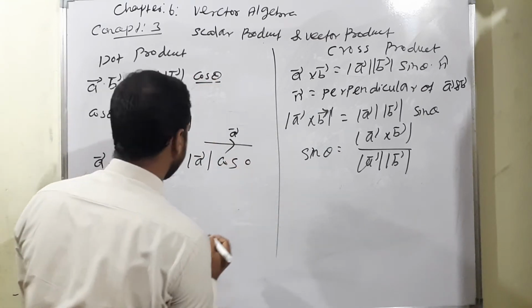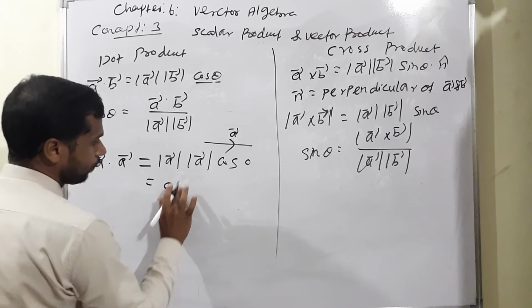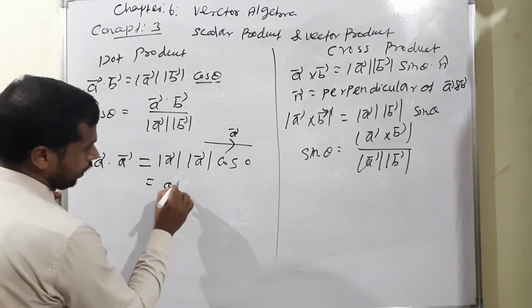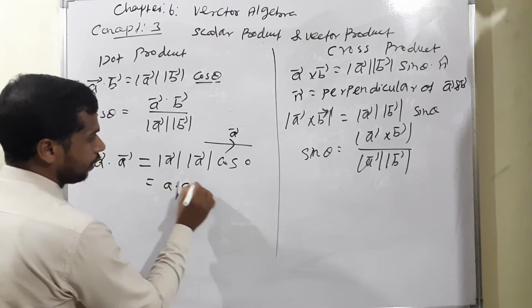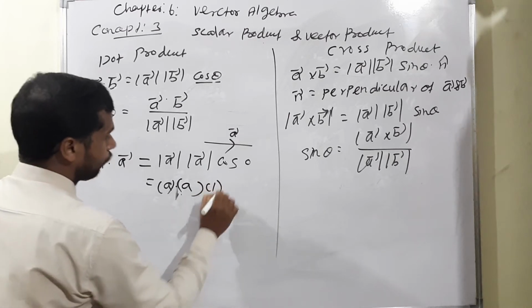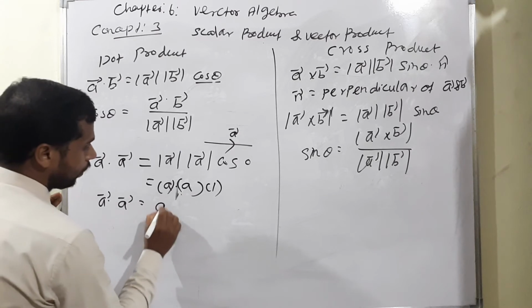So cos 0 is 1. In the dot product there is no need for a cross symbol, so a into a, then cos 0 is 1. Therefore a vector dot a vector is equal to a into a, which means a square.